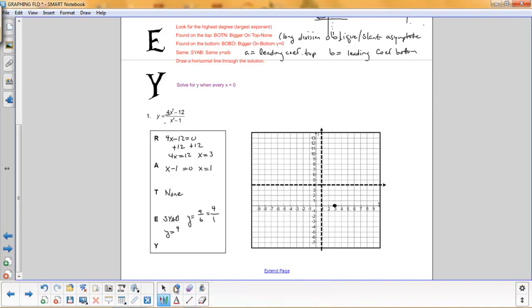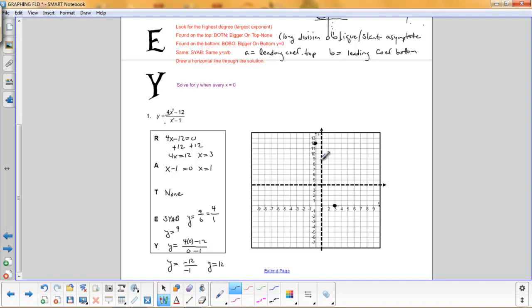My y-intercept is found by setting all of my x's equal to 0. So y equals 4 times 0 minus 12 divided by 0 minus 1. So 0 minus 12, which is negative 12, over 0 minus 1, which is negative 1. So y equals 12. So I put a dot here at that solution.